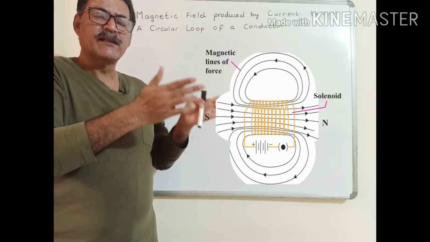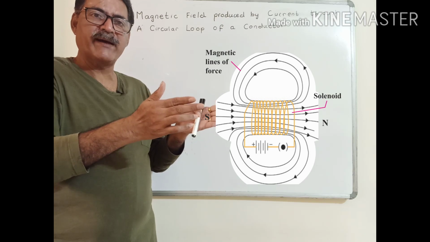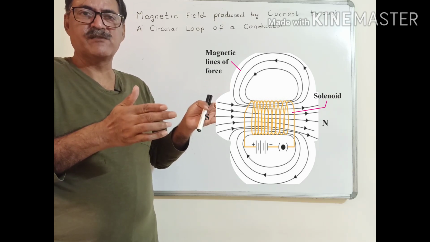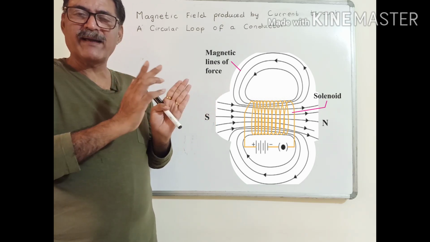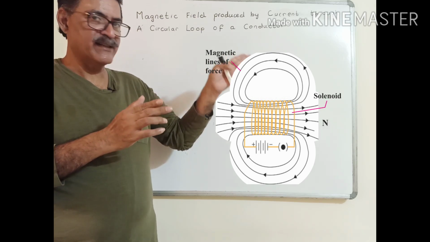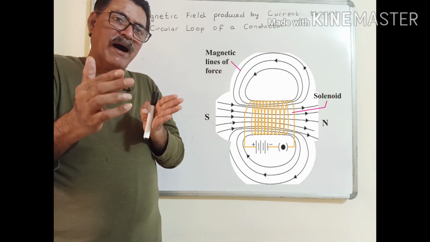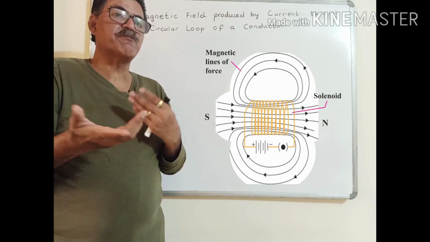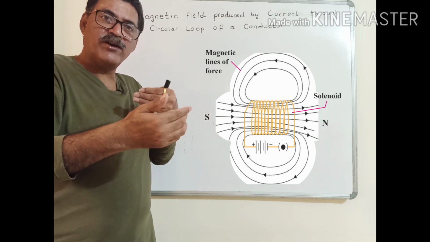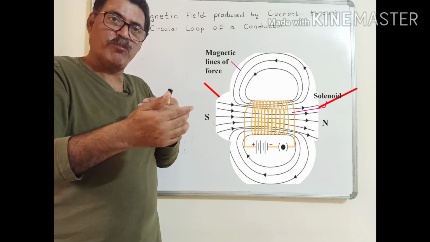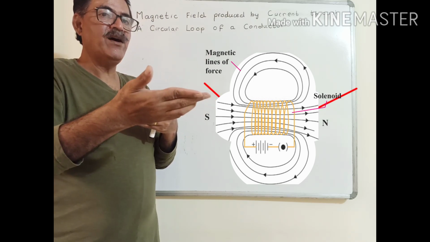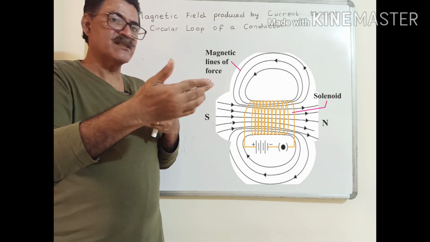You can look at the magnetic lines of force of a bar magnet maybe in your last year's textbook. These are the same magnetic lines of force that are there in the solenoid. So that means a solenoid acts like a bar magnet whenever a current is passed through it, with one open end of the solenoid behaving as the north pole and the other open end behaving as the south pole.